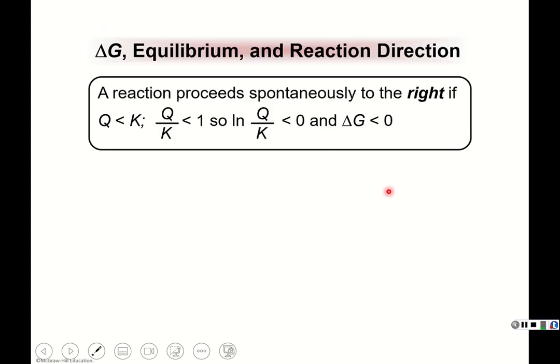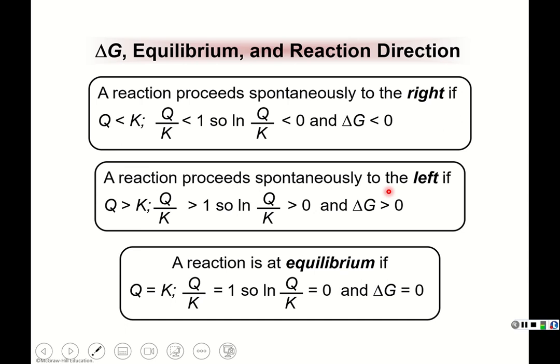Okay. So going back now to chapter 20, section 4, if we're considering delta G with respect to equilibrium and the direction of the reaction, we know that if Q is less than K, the ratio of the two, Q over K, would be less than 1.